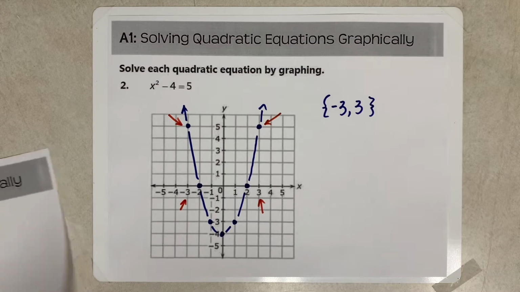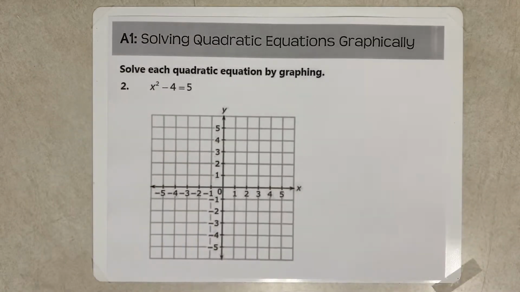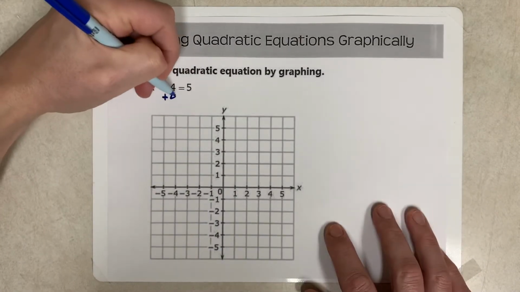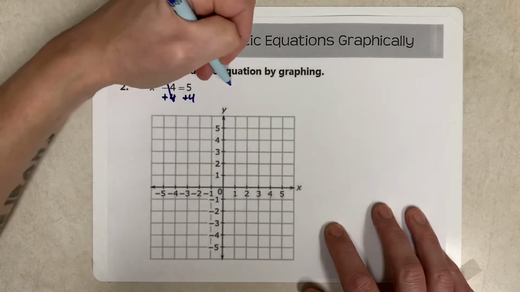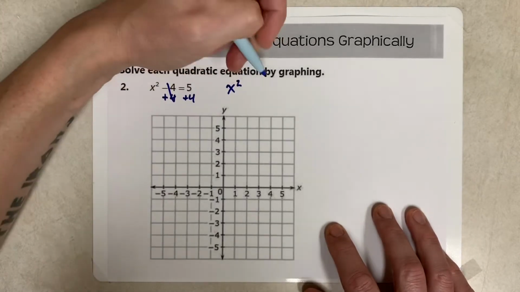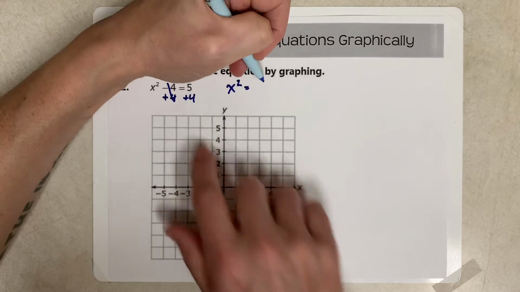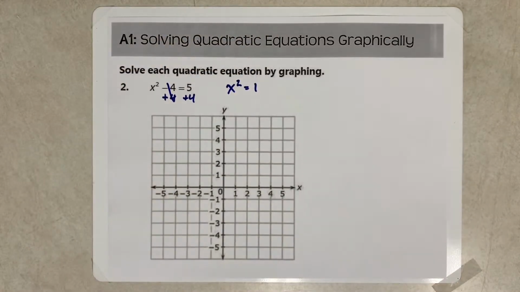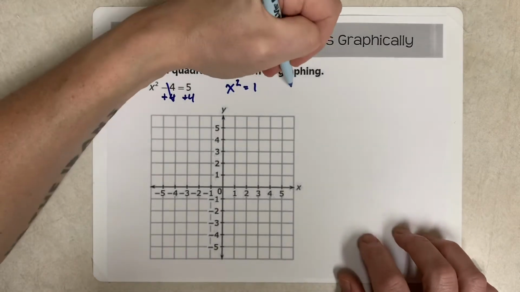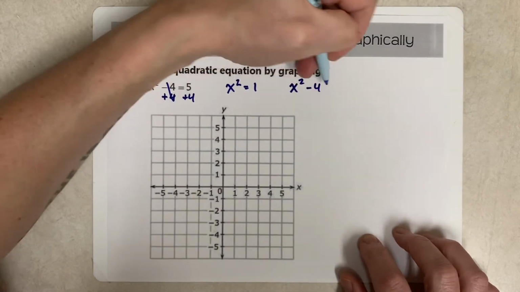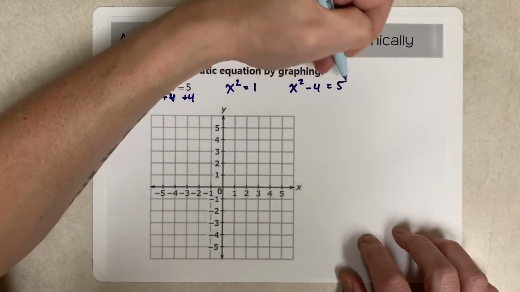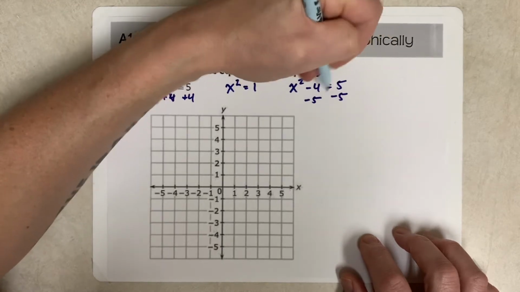Now, if you go ahead and do it this way, if you add 4 to both sides first, you would get x squared is equal to 9. You could do it that way, couldn't you? But really what I want to do is get this equal to 0. So let me start over again. x squared minus 4 equals 5. What if I subtract 5 from both sides?